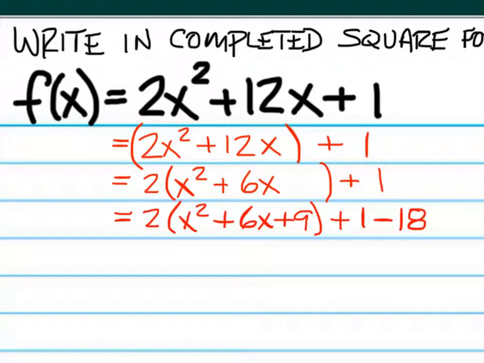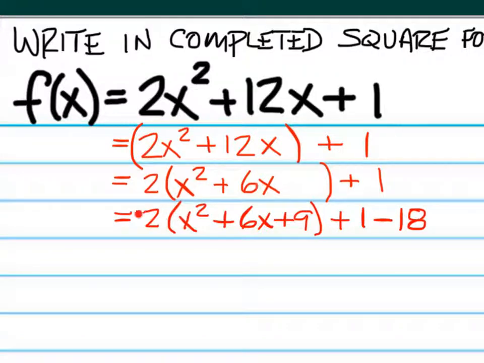So what we would have to do is half of this 6, divide by 2 to get 3, square the 3, which is this 9. But we haven't added 9, we've really added 18, 2 times 9. And since we're on the same side of the equal sign, what we do in here, we must do the opposite out here.